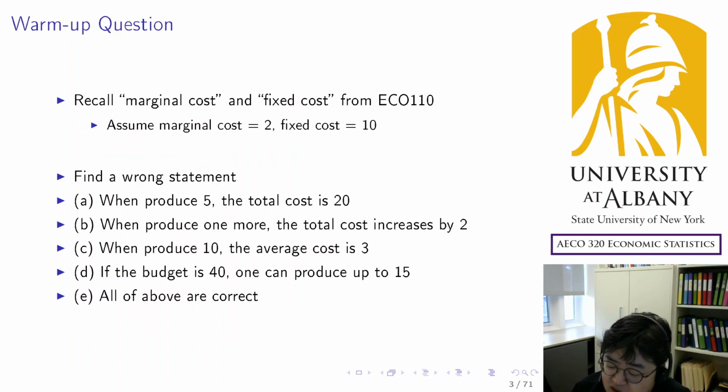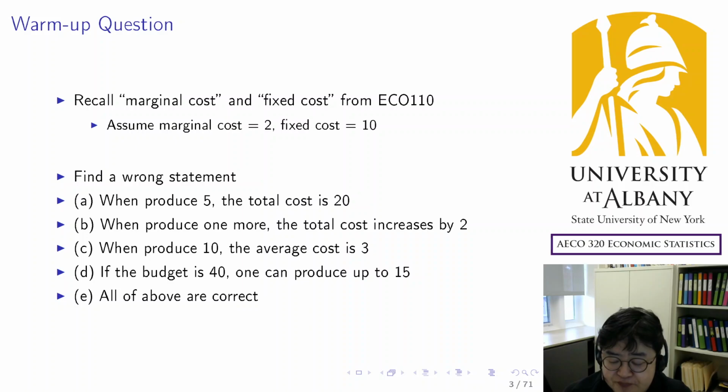Okay, let me start with a seemingly totally unrelated question. If you took intro micro or intermediate micro, you must have learned marginal cost. That's the key term in profit maximization in microeconomics.